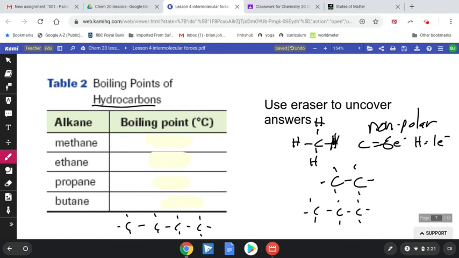So methane is 6, 7, 8, 9, 10 electrons. Ethane, 6, 12, 13, 14, 15, 16, 17, 18 electrons. Propane, 6, 12, 18, 19, 20, 21, 22, 23, 24, 25, 26. And butane, I'll let you figure that one out.